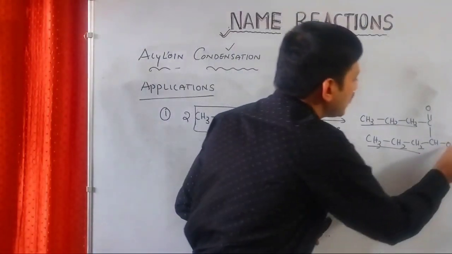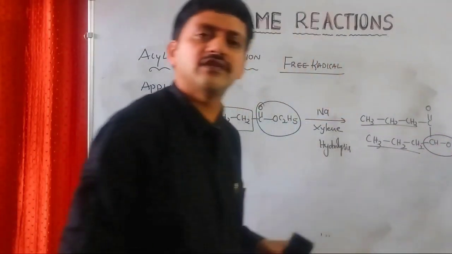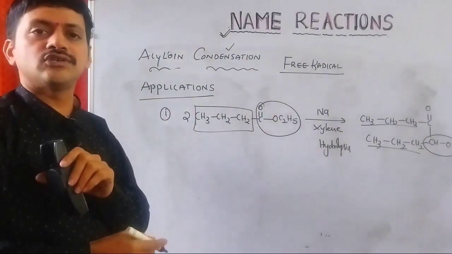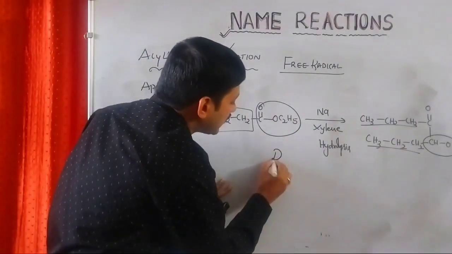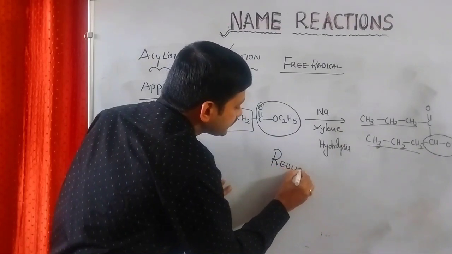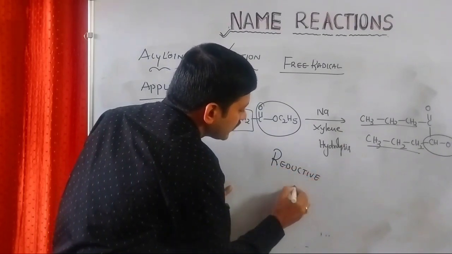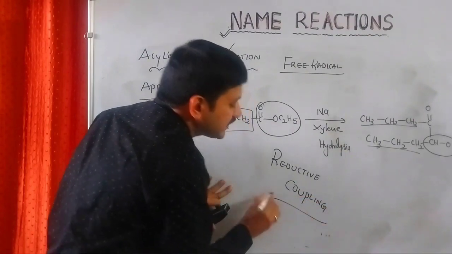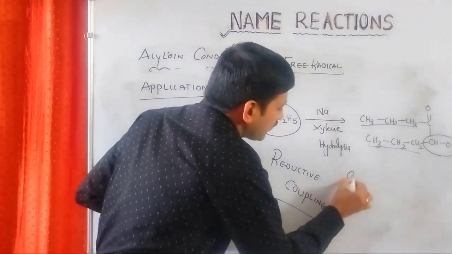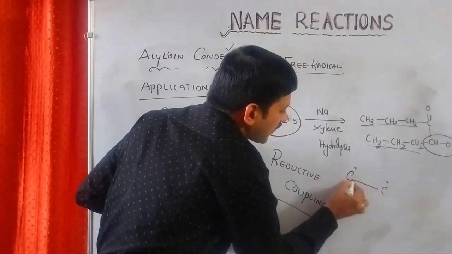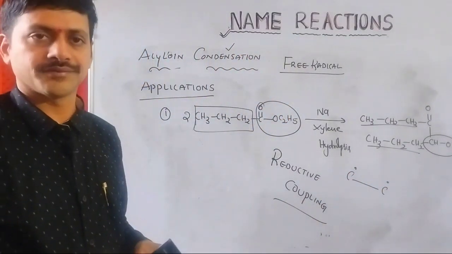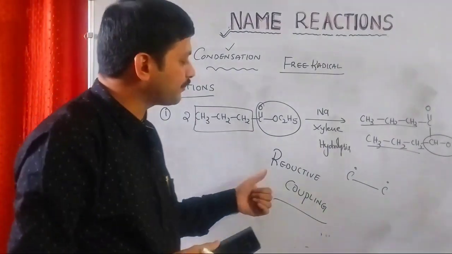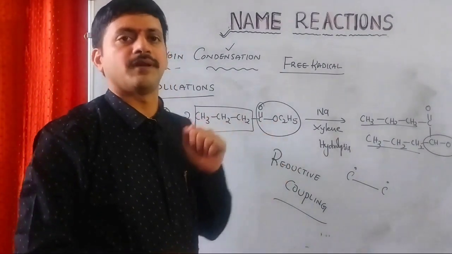It means that this is the reduced form of C double bond O. That's why this particular condensation is an example of reductive coupling. We have seen the mechanism where 2 C radicals are forming a single bond. That is coupling. That's why this is an example of reductive coupling.